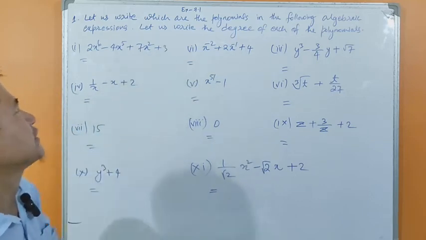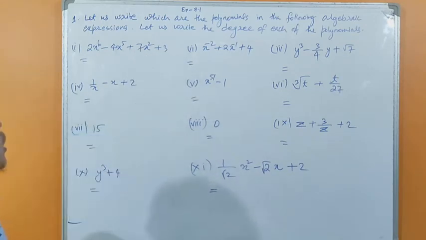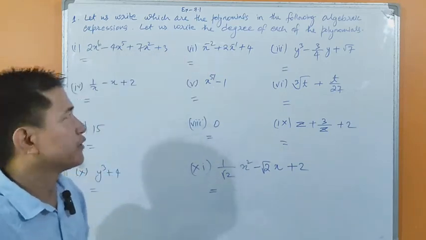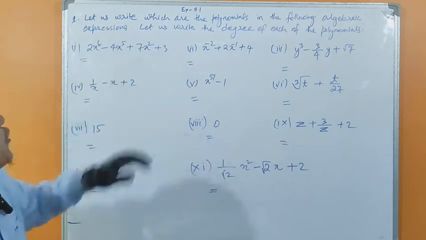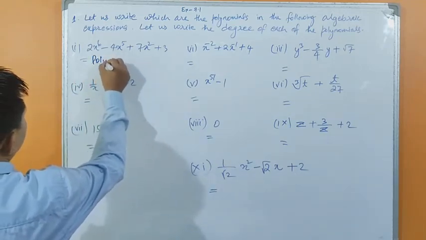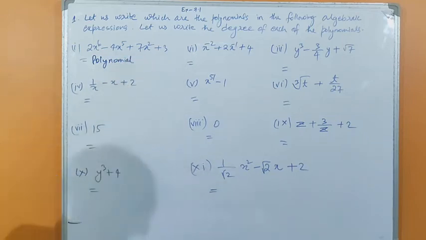And this is a constant term 3. So the power of variable is a positive whole number, which means this is a polynomial. You can write this is a polynomial.